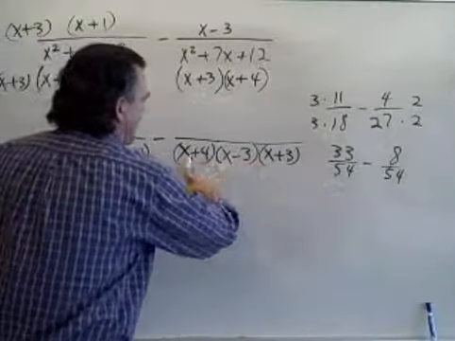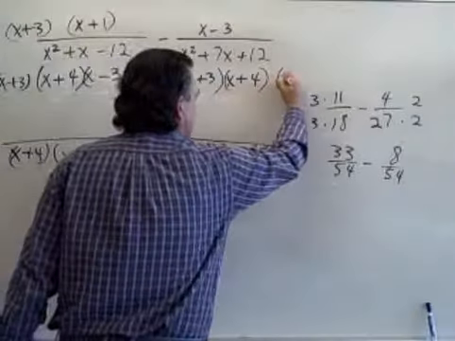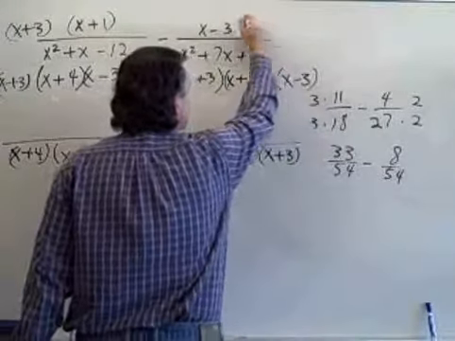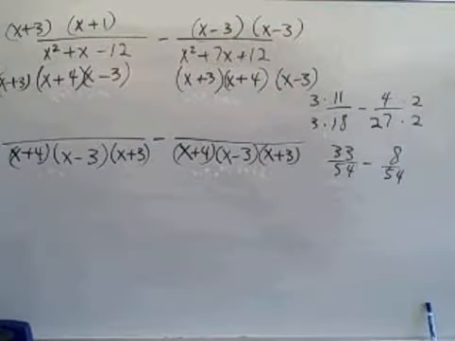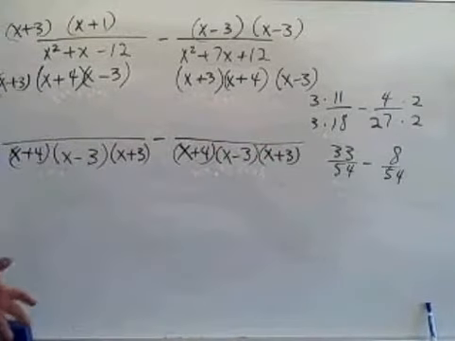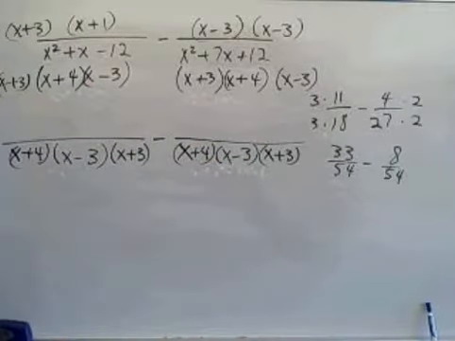Here, I've got the x plus 3, I've got the x plus 4, the factor that's missing is x minus 3. So I'd have to multiply both numerator and denominator of that fraction by x minus 3. We always have to build up our fractions to make their denominator what we want as the common denominator.